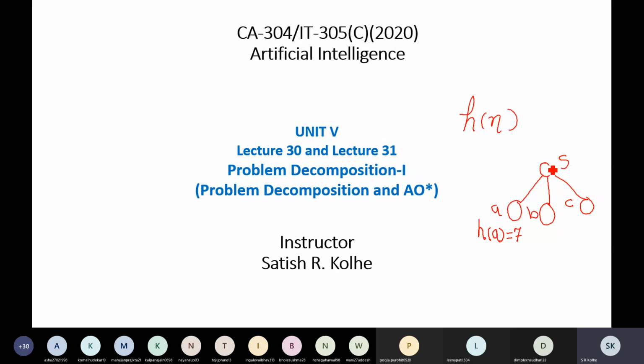This graph tells us that you can reach the goal from node A or node B or node C. That means you can go either way. Only the cost required will be different. Some nodes will reach the goal quicker than other nodes, but all these are solution paths.